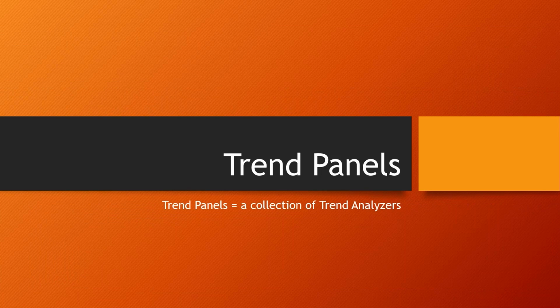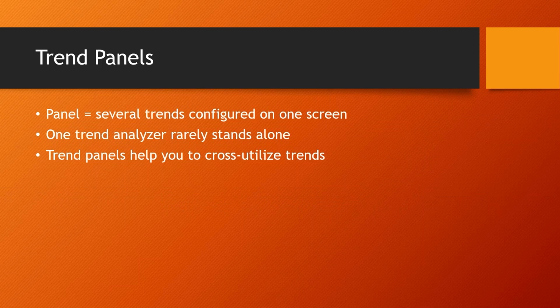Okay, so I'm going to run through some of the trend panels before we get to modifying the trends and looking a little bit more at some of the artifacts. Quick definition: the trend panels are all of or several trends configured on one screen.